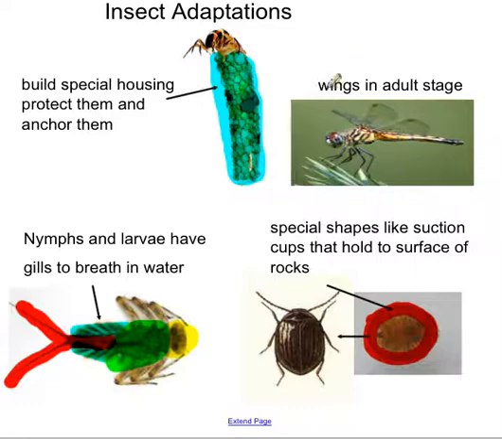And finally, we talked a little bit about wings in the adult stage, because remember, the sole goal of all biological organisms is to reproduce, and the wings help it colonize and stay together and get to where it needs to be if it happens to get downstream in its larval stage, to get back upstream and recolonize.